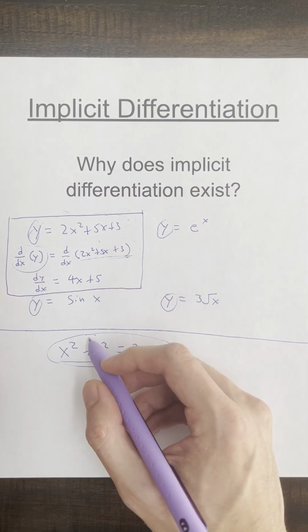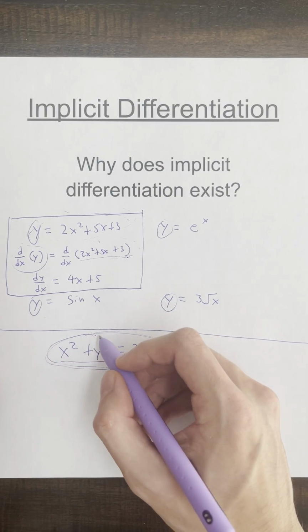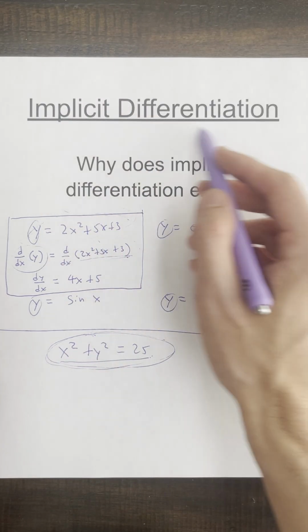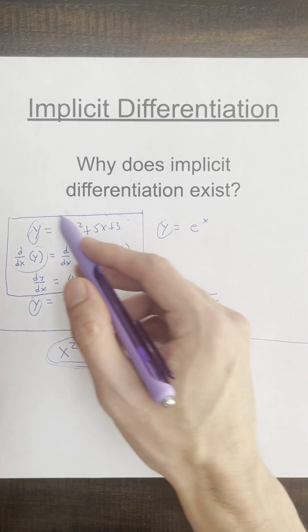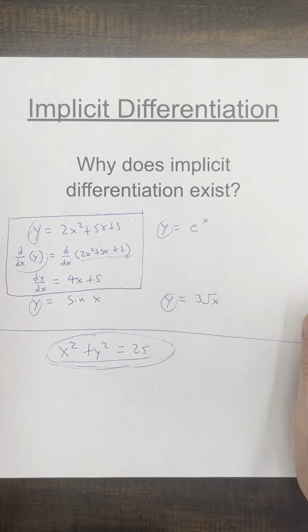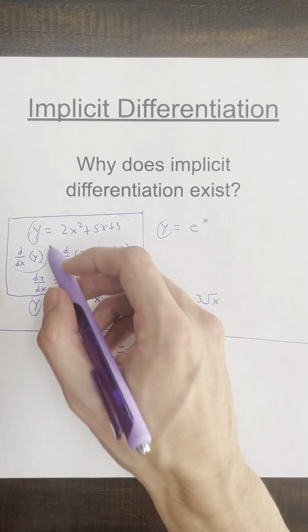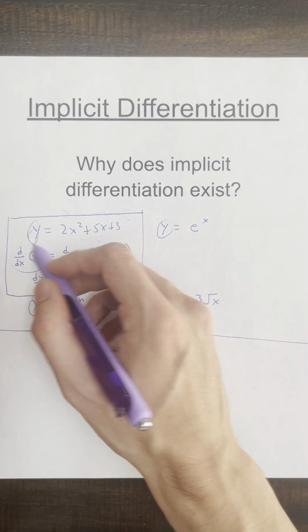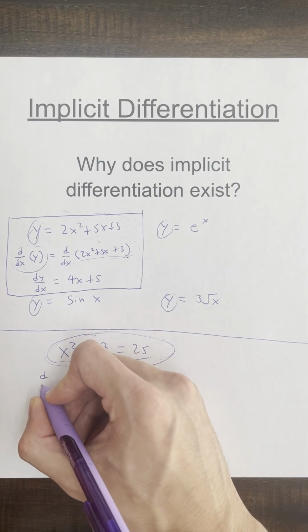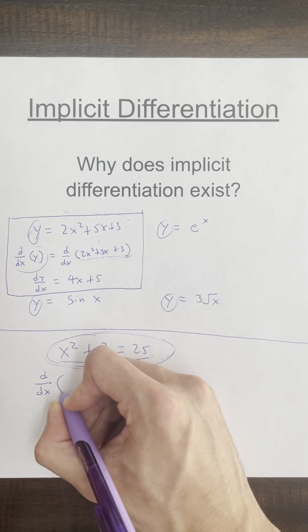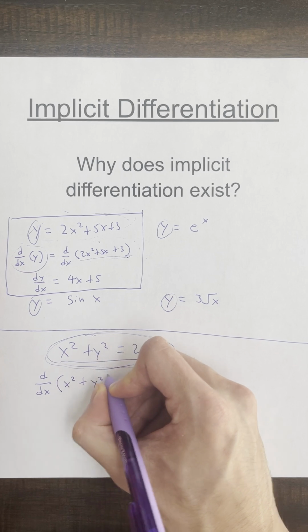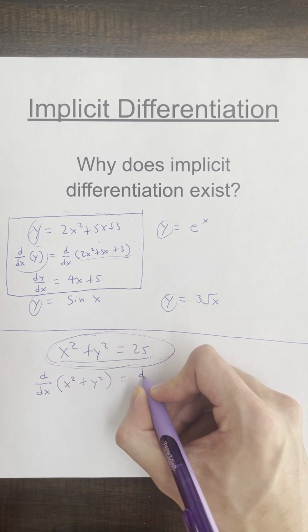And earlier I said the way we do implicit differentiation is very similar to what we're used to. Okay, so what's that going to look like? Well, our first step is identical. We're going to take d dx of both sides of the equation.